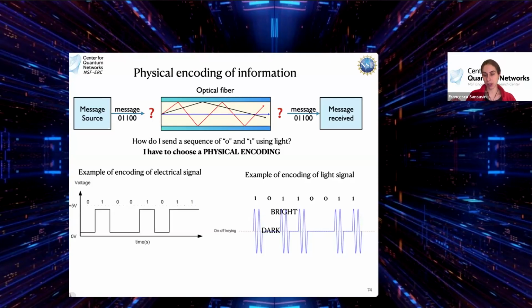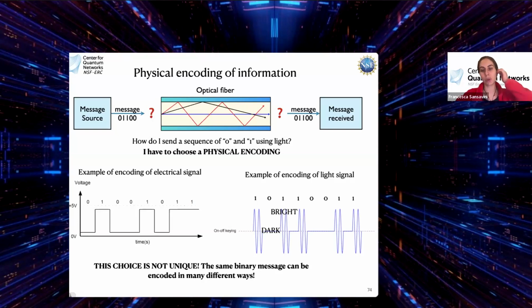There are many, many different choices on physical encoding in optical fibers, with light, with electrical signals. It is not a unique choice, and the same binary message can be encoded in many different ways. And again, the important thing is that we are consistent and we know in which sense we are encoding the information. So we will see later that this still stands for quantum information.